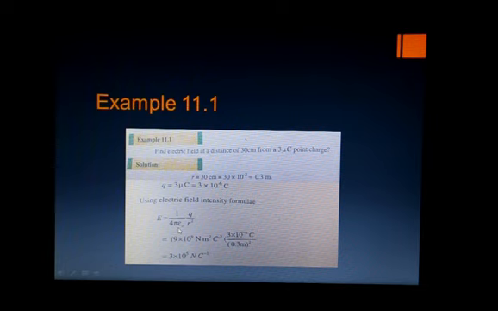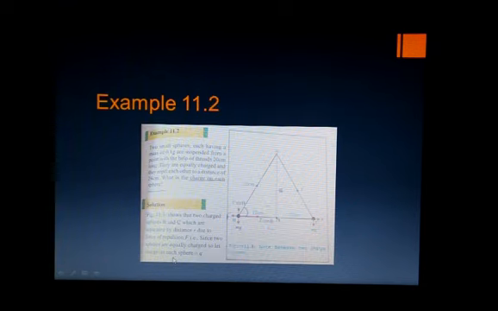It is read as permittivity of free space, right? And this whole thing is K, and K has a fixed numerical value. I told you earlier that you will always write down this value in the data given, because it is a constant, that is 9 into 10 raised to the power 9 Newton meter square per coulomb square, and by putting all the values you will get the value of E.